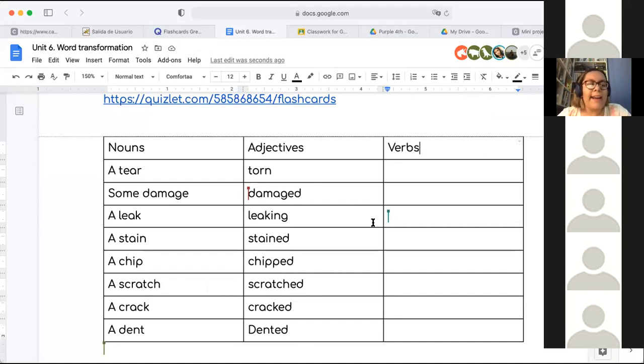So for example, again, let's start with a crack. A crack, the adjective is cracked. What is the verb? Any idea? What's the verb for a crack and cracked? ¿Mm? Es que no lo sé en inglés.